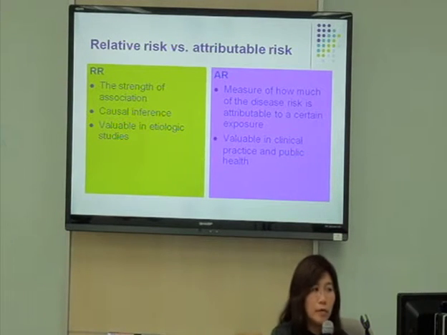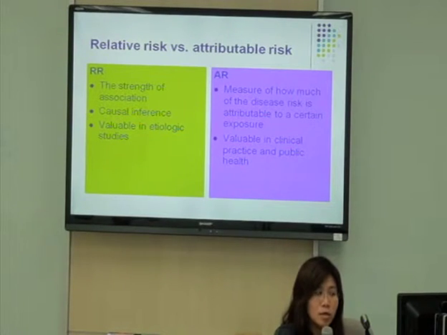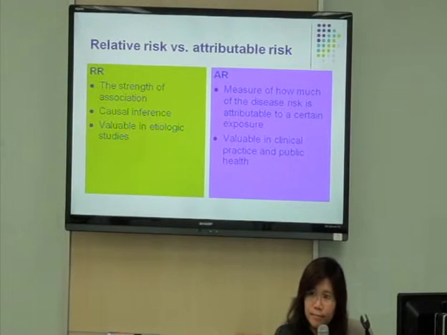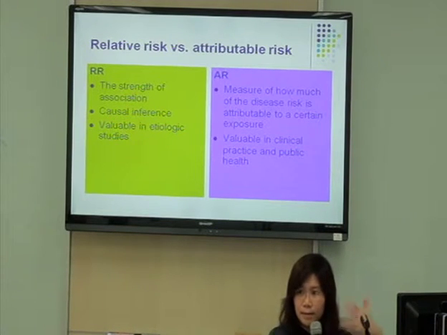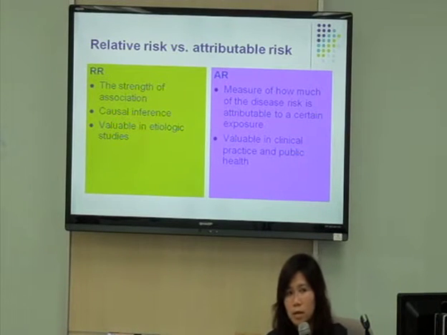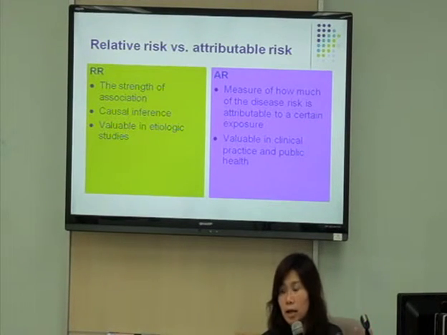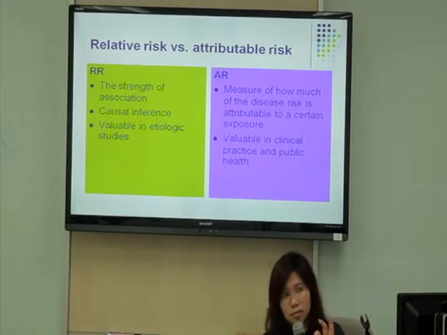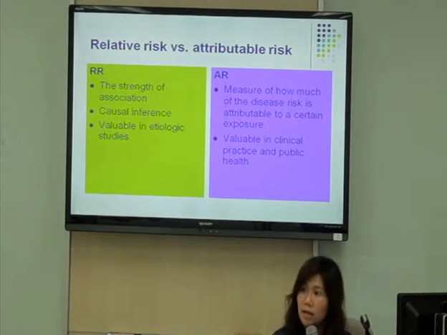We talk much about relative risk and attributable risk. Relative risk shows us the strength of association. The higher the relative risk, the higher the strength of association. We don't have a clear cut point in epidemiology. Mostly more than 2, I think, is a very influential factor, because think about the general population: if any risk factor can cause 2 times more, it's significant in epidemiology.